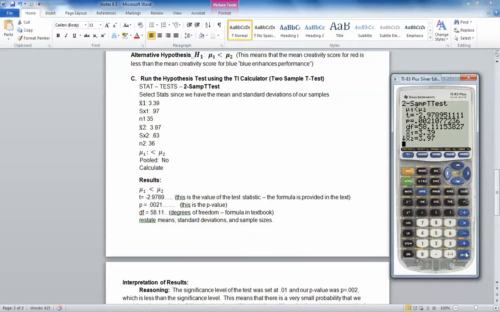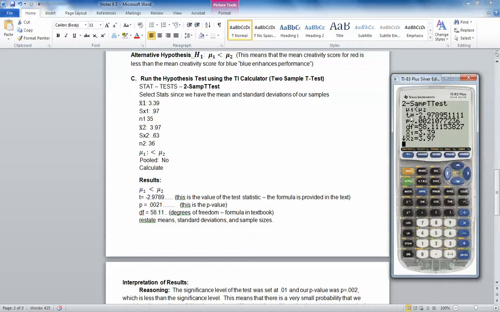Here are our results. The test is mean 1 less than mean 2. We get a test statistic t of negative 2.9789, and that means that if we had a normal distribution with a mean of 0 in the middle, then the difference between these two is 2.9789 standard deviations below the mean.